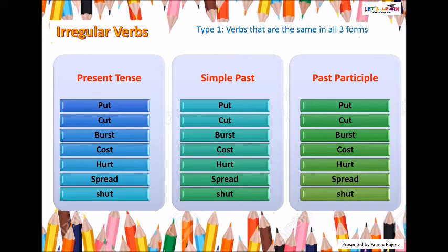These are some of the easily identifiable irregular verbs that we use on a regular basis. You may come across more such irregular verbs with the same present tense, past tense and past participle tense.